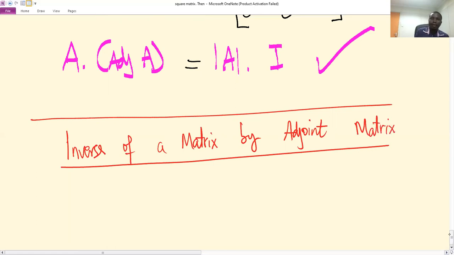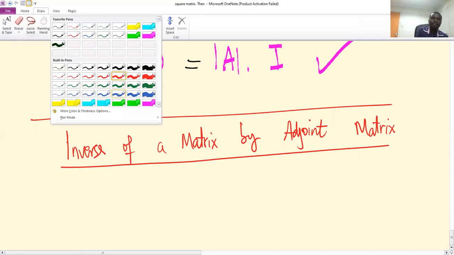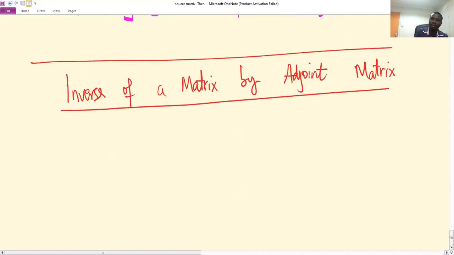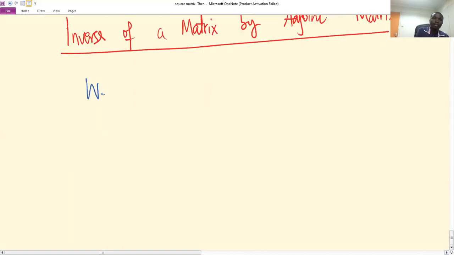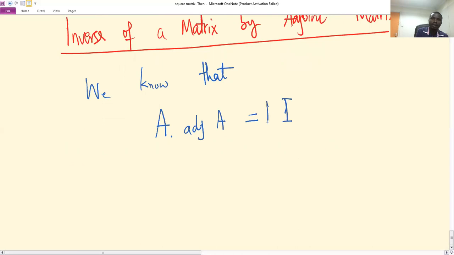So from what we have proved, we know that A times adjoint of A is the same as the determinant times an identity matrix.